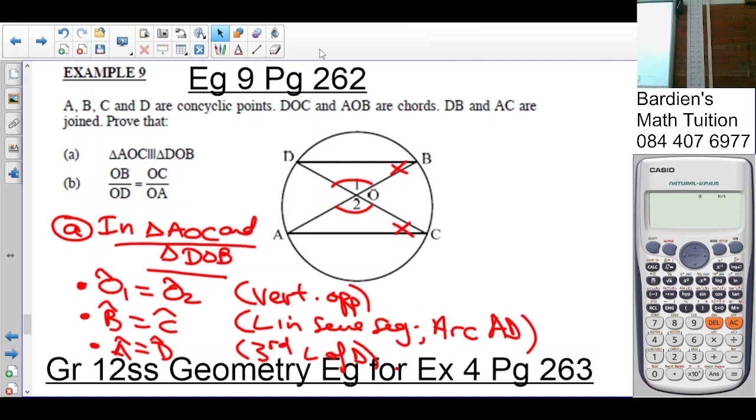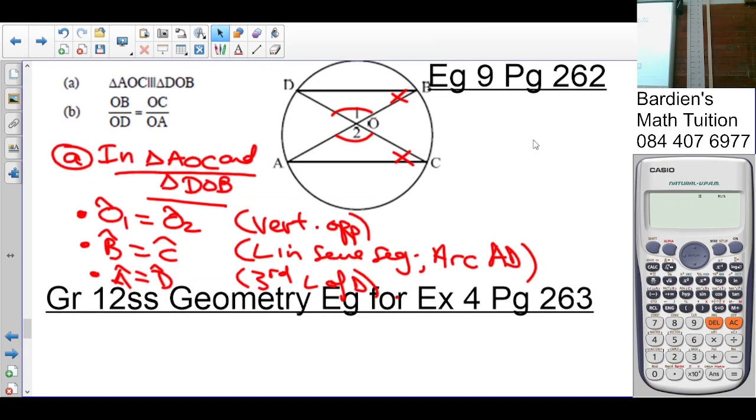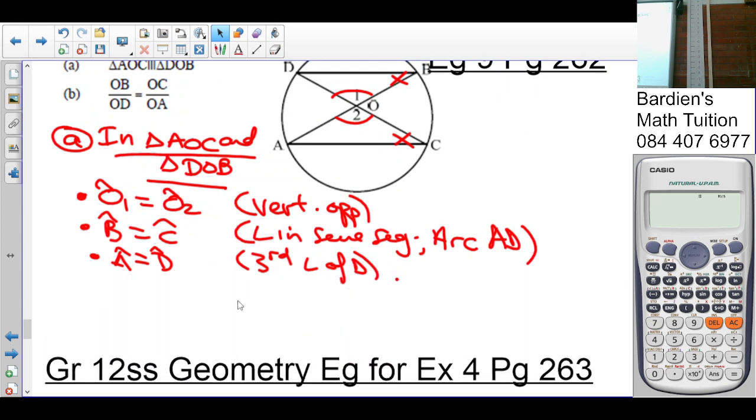Is that enough to conclude similarity? Yes. You'll see me always make those 3 bullets to remind me that I need 3 equal angles. You'll see me do it the same in congruency. So we need 3 points in congruency, to say 3 things when we conclude congruency.